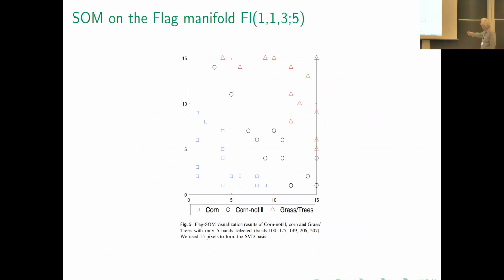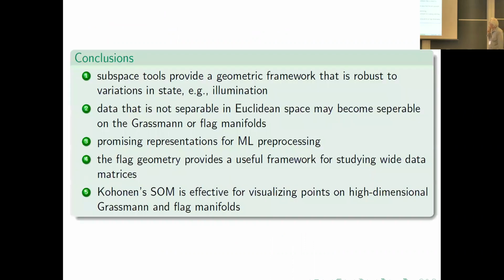And with this wide matrix, I can split 3 different classes here. So we're showing that data that in 5 bands is not separable using even the Grassmannian, is separable using the flag. So the idea of using the flag as a pre-processing tool to solve these noisy data problems, I think, is a good one. So I'll just kind of conclude with some observations.